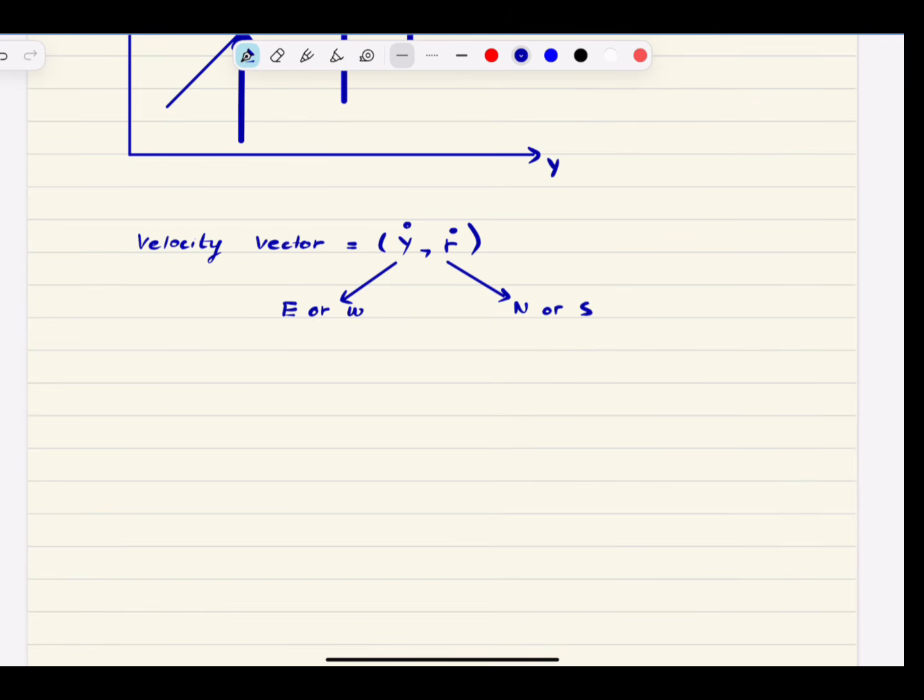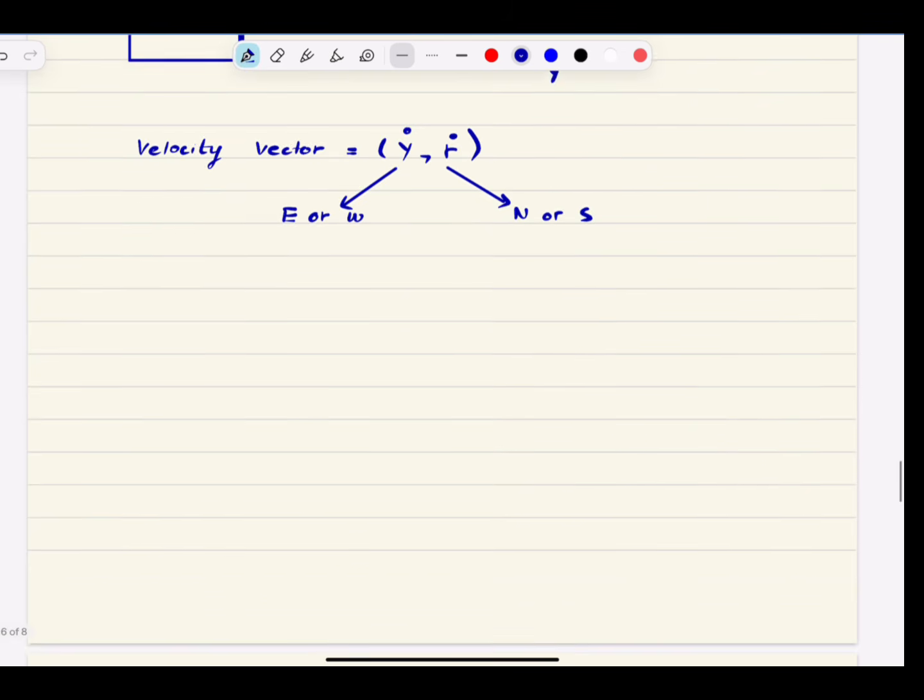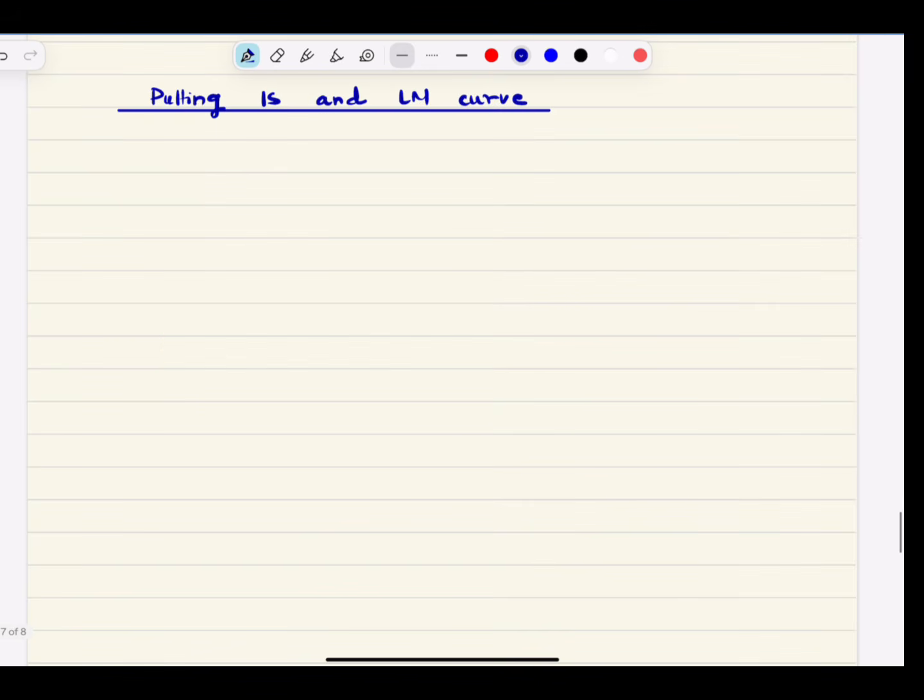Okay, so it's time to wrap things up. We're just going to put together whatever we've learned. We have the goods market and the money market both in equilibrium, so I'm going to make a diagram in which both of them are in equilibrium.